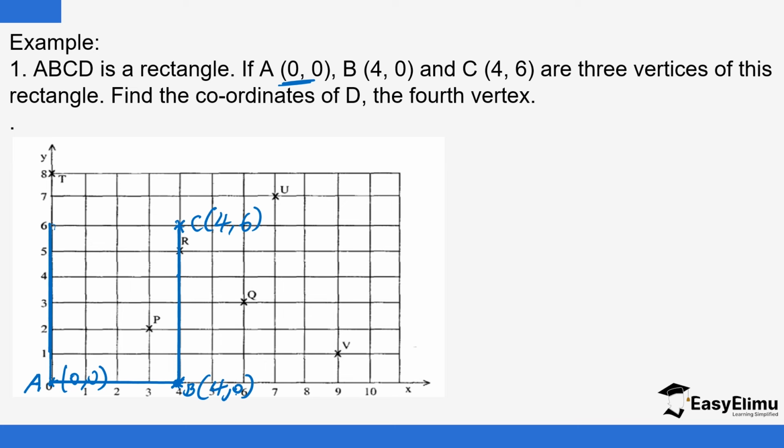The opposite sides are also perpendicular to each other, and each of the interior angles is 90 degrees. Therefore, the point D can only be here. Looking at the coordinates, this one will be read as (0, 6): no movement along the horizontal axis, then you move 6 steps upwards.